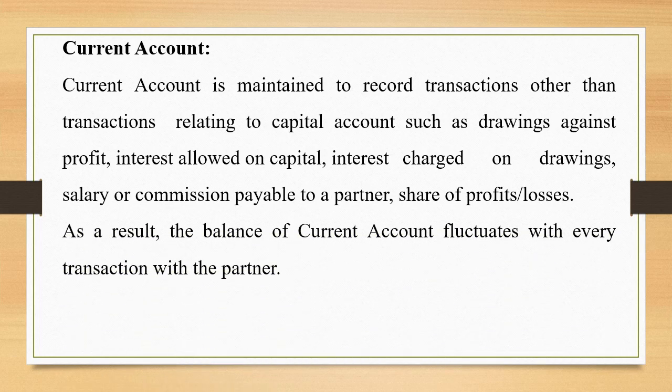As a result, the balance of current account fluctuates with every transaction with the partner. If we allow interest on capital, partner's current account balance will increase. If we charge interest on drawings, partner's current account balance will decrease. That's why the balance of current account fluctuates with every transaction with the partner.